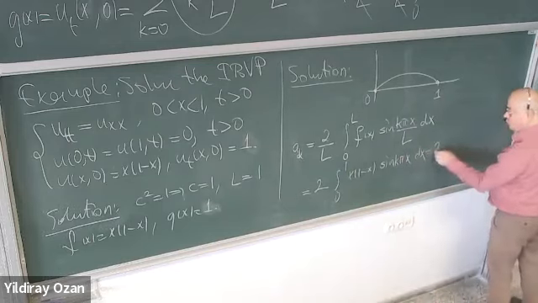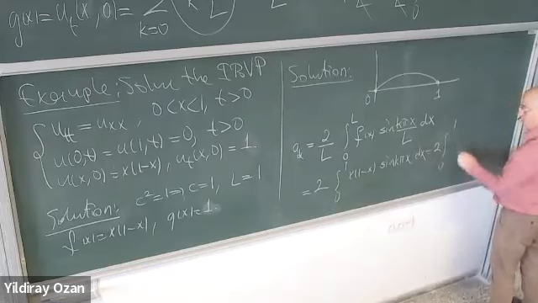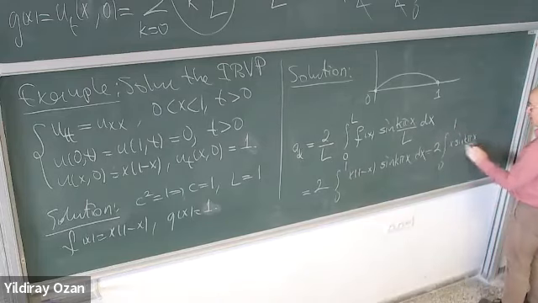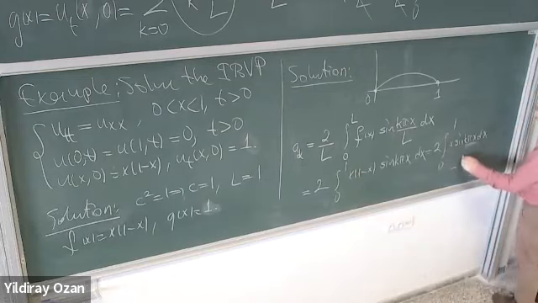Let's expand this. This is the integral from 0 to 1 of x sine k pi x dx minus the integral from 0 to 1 of x squared sine k pi x dx.